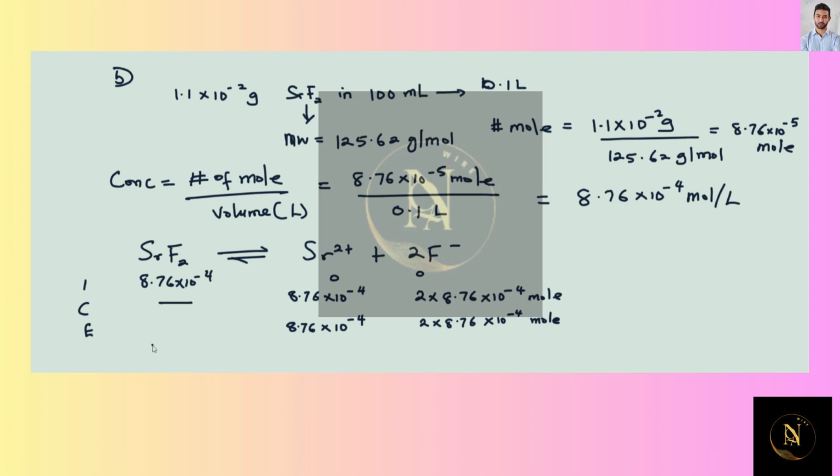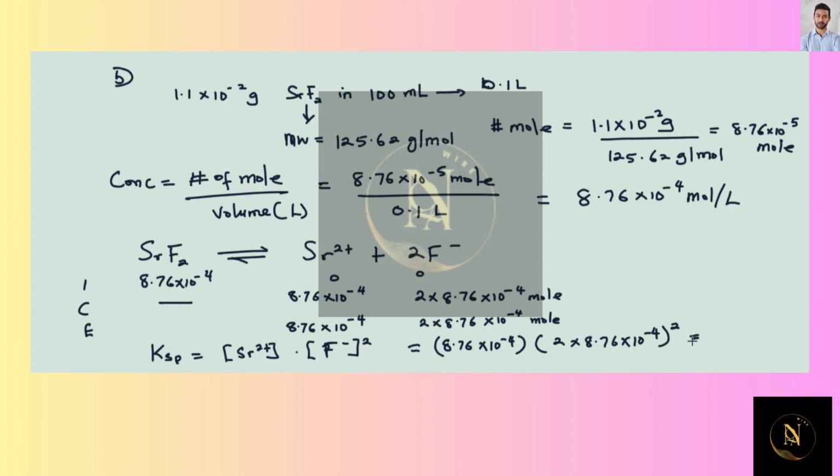All right, so we know KSP is equal to the Sr2 plus concentration multiplied by the F minus concentration squared. So this would be equal to, Sr2 plus concentration is 8.76 times 10 to the power minus 4, multiplied by F minus concentration, which is 2 times 8.76 times 10 to the power minus 4, and then you square it.